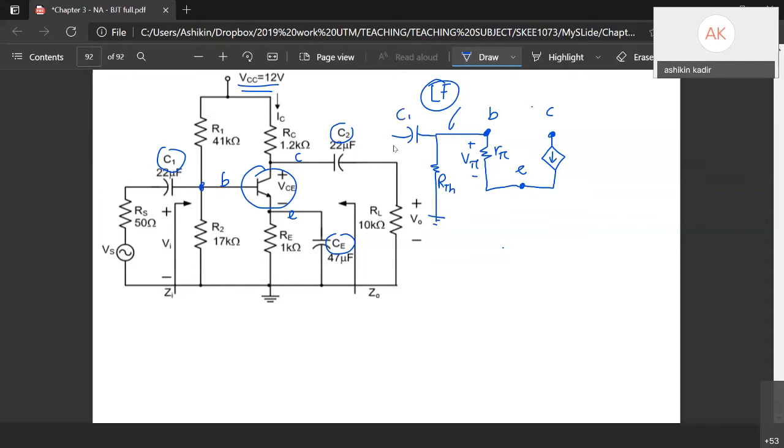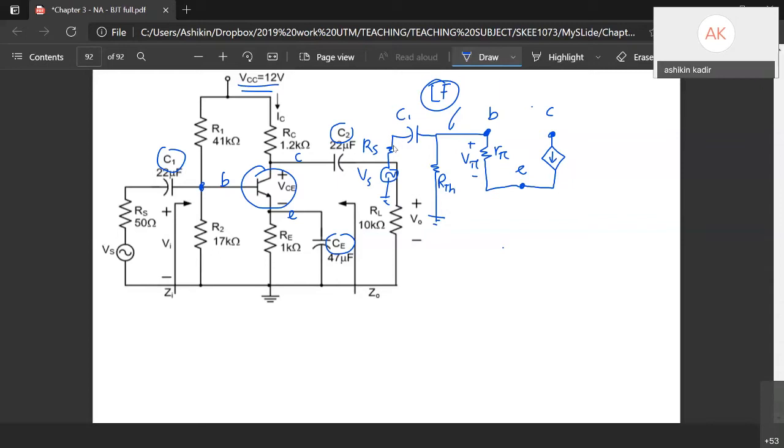And then you have RS and also VS. At the base, you have VI. VI and ZI we only need during mid-frequency analysis. So when we do low-frequency and high-frequency analysis, VI, ZI and Z out don't matter for us.